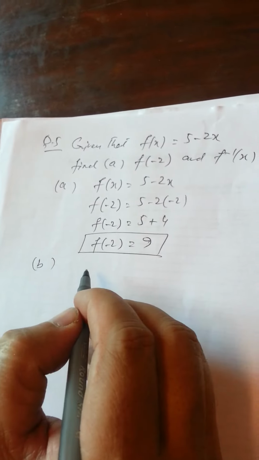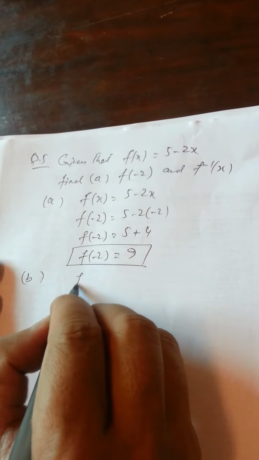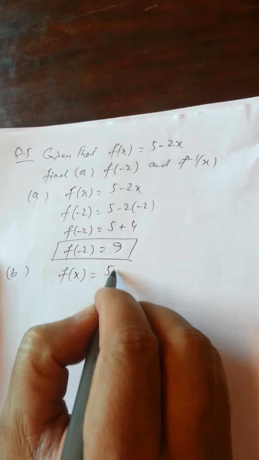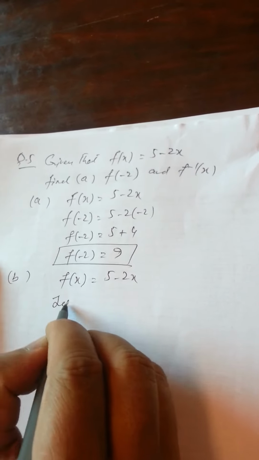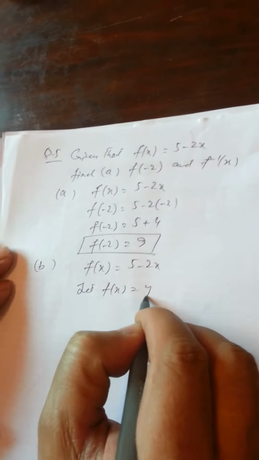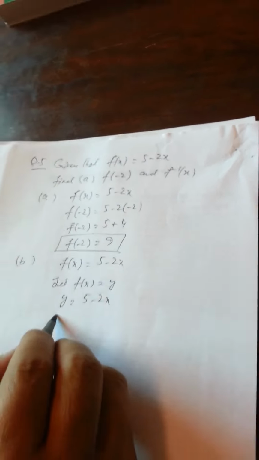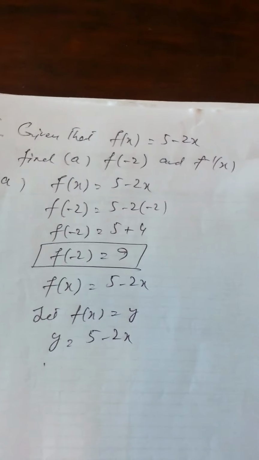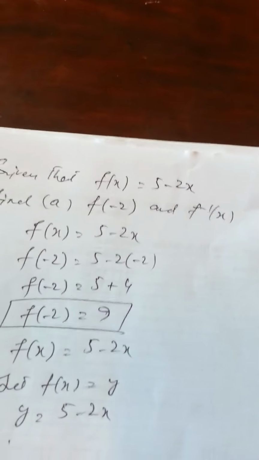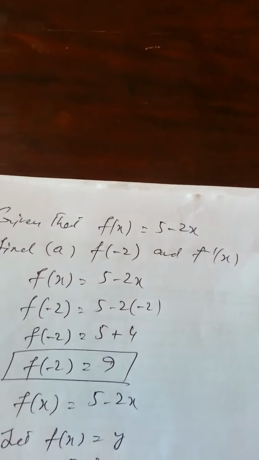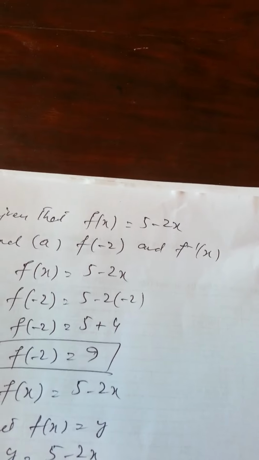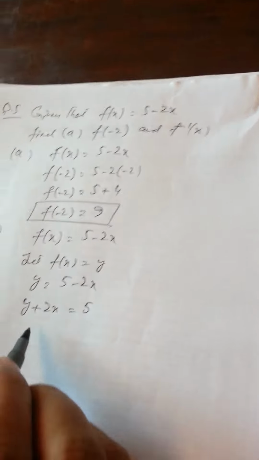For part B, find the inverse function. Take the given function. Let f of x be equal to y. Now y is equal to 5 minus 2x. Now y plus 2x is equal to 5.